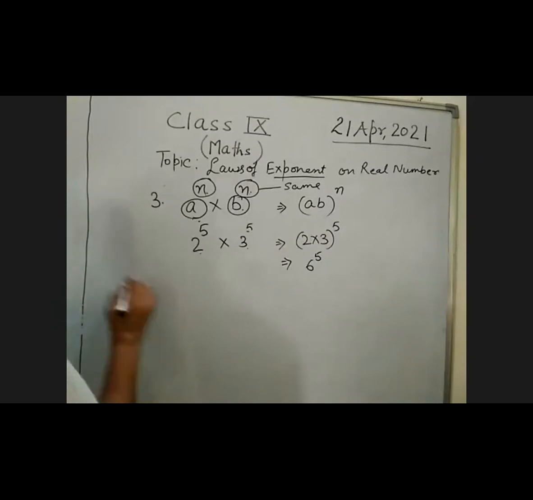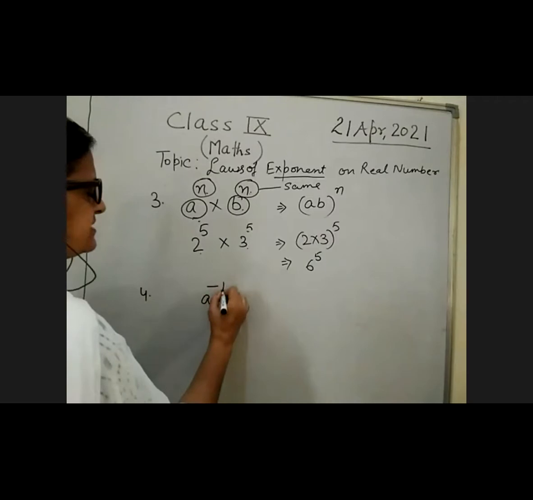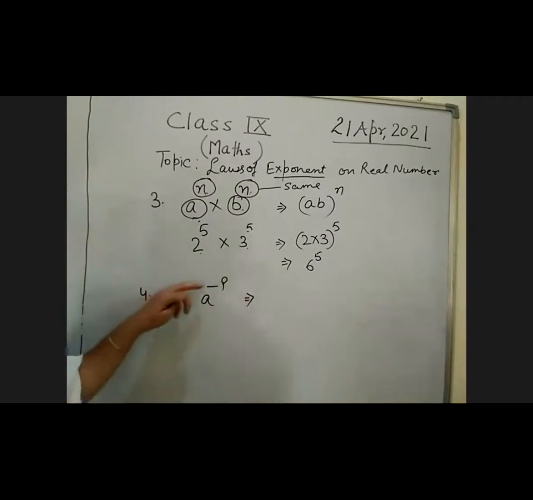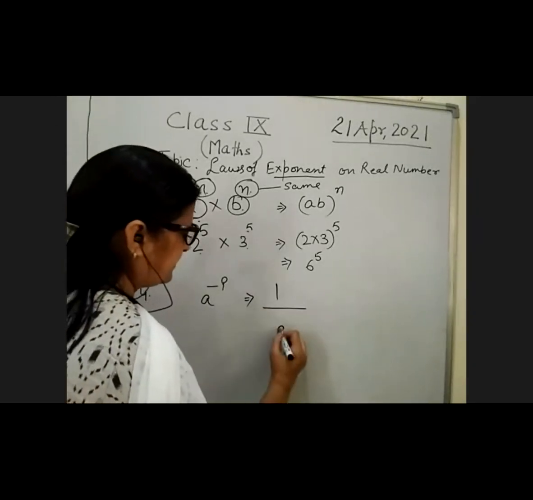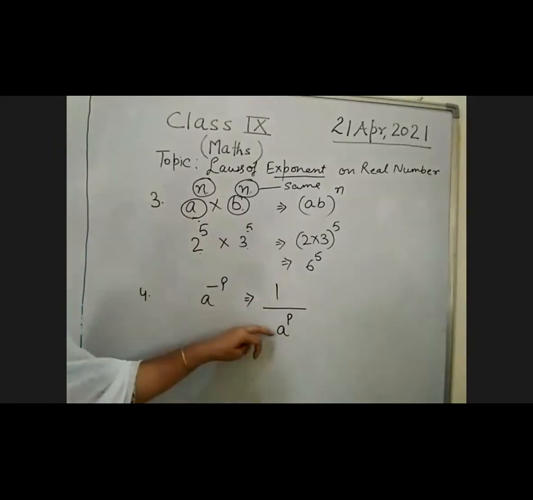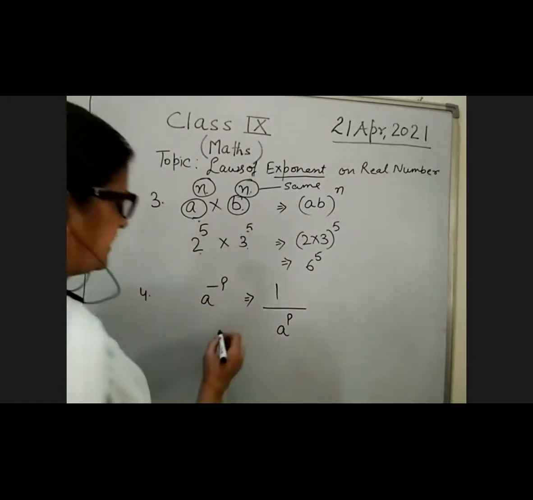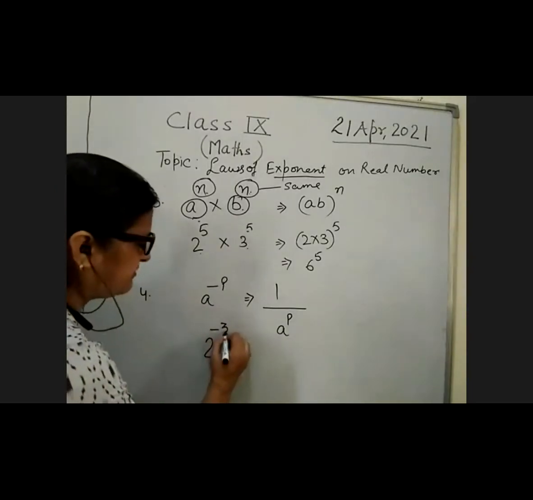Now our next rule is a raised to the power minus p. When the power is given in minus form, it is written like this. In the denominator, it becomes positive. 2 raised to the power minus 3.